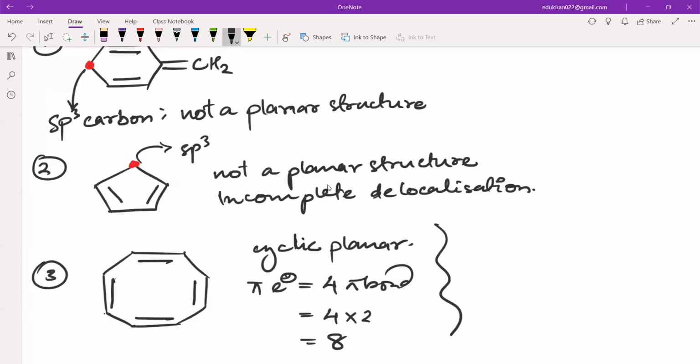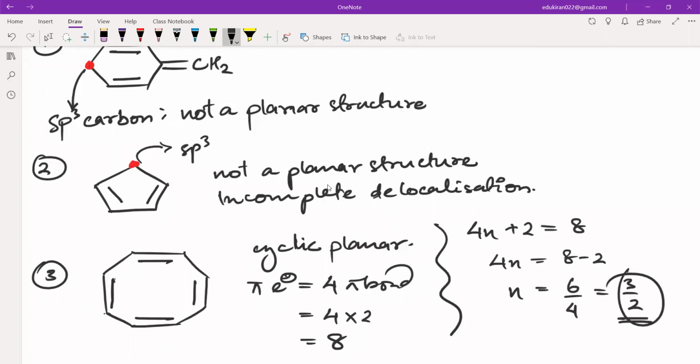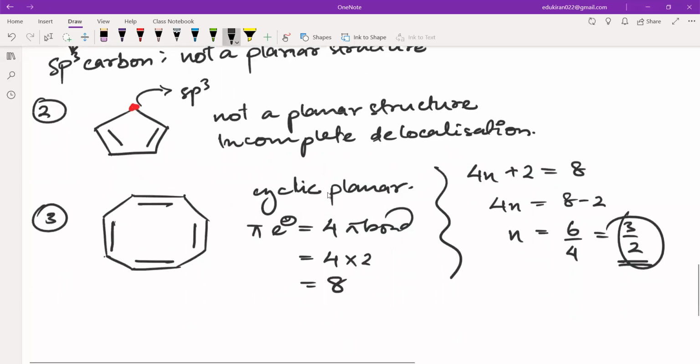So we have 4n plus 2, that is the Huckel rule. It should satisfy the criteria that n is any whole number, 0, 1, 2, or 3. Now 4n is equal to 8 minus 2, so n will be equal to 6 upon 4, which is 3 by 2. In this case, n is not a whole number. That is why it is not aromatic.